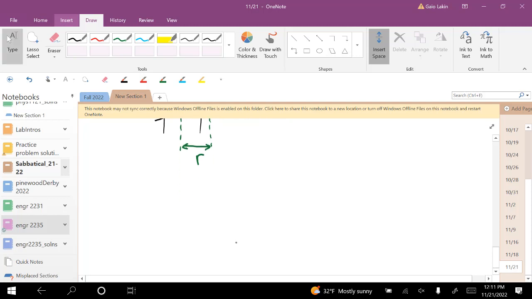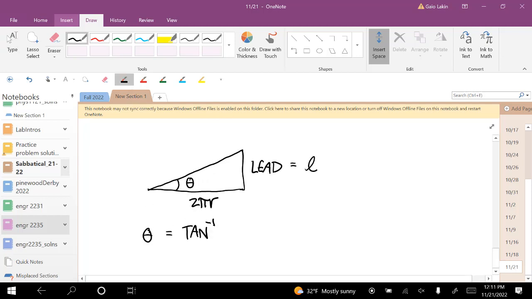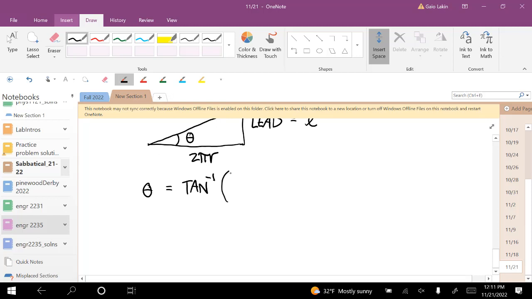Then what you have is a triangle where this is the lead and the horizontal leg is the circumference, so that would be 2 pi r. And then that angle theta would be the inverse tangent of, let's give this lead a name, L, lowercase l. So theta would be the inverse tangent of L over 2 pi r.